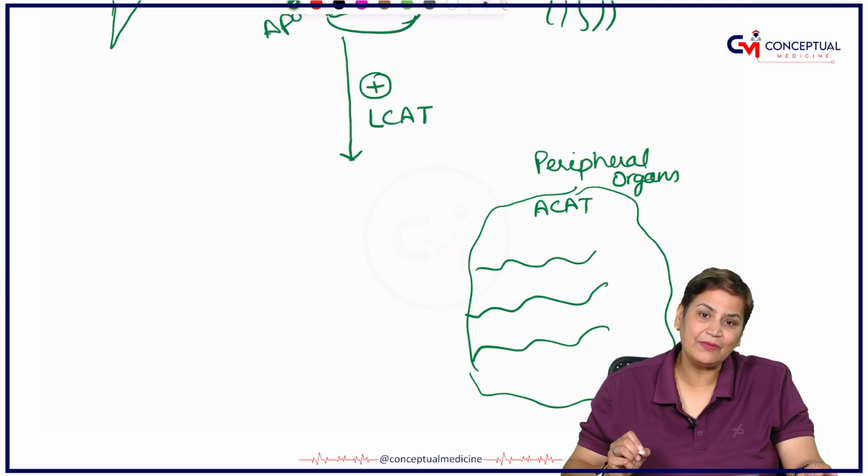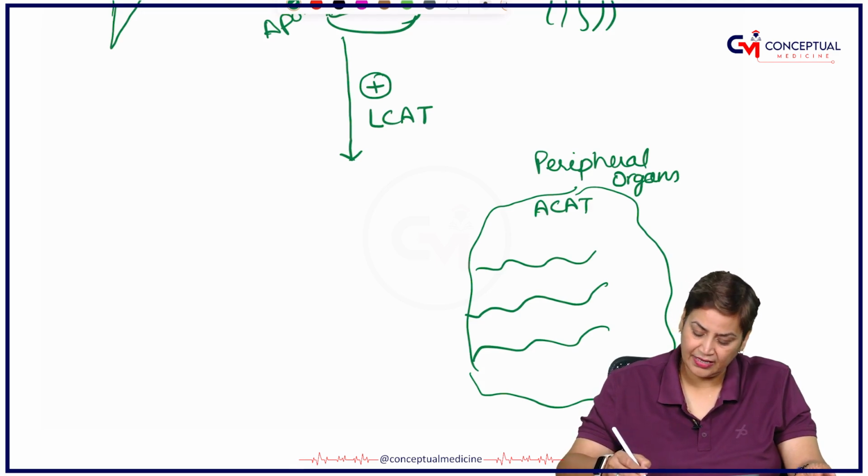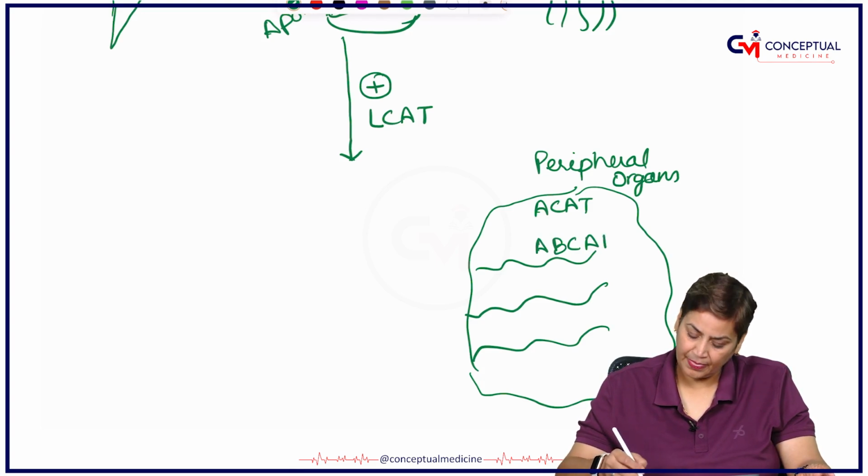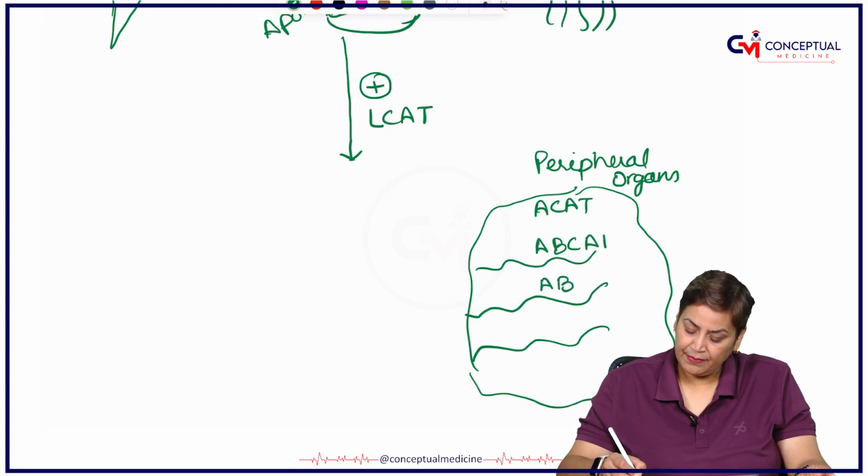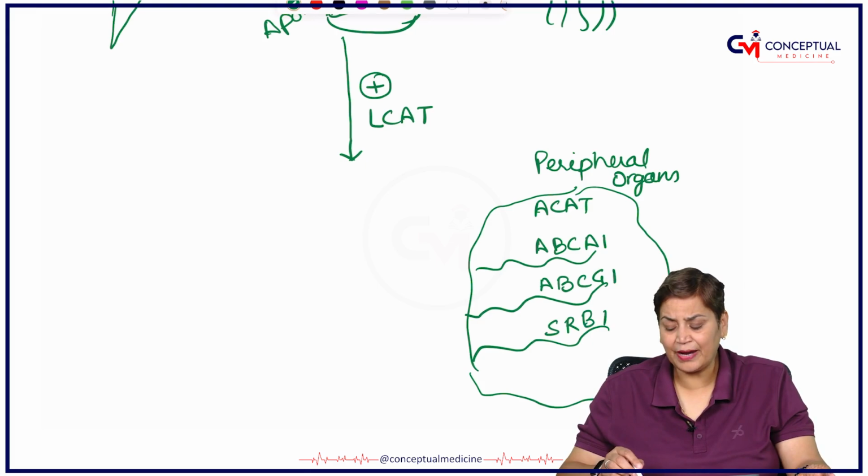And there are three types of proteins which are required: ABCA1, ABCG1 and SRB1. ATP binding cassette protein A1, ATP binding cassette protein G1 and scavenger receptor B1.